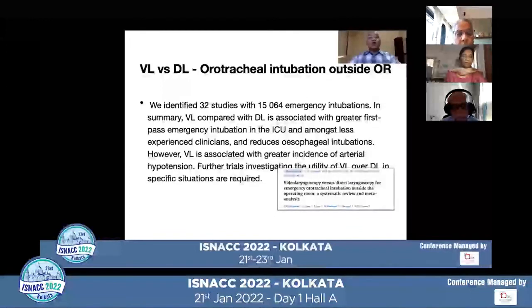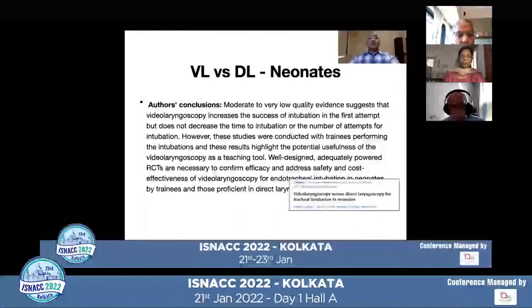Similarly, for orotracheal intubation, a comparison of video laryngoscopy versus direct laryngoscopy outside the operation theater identified 15,000 plus emergency intubations. VL compared with direct laryngoscopy was associated with greater first pass emergency intubation success in the ICU and among less experienced clinicians, and reduced esophageal intubation, but it was associated with higher hemodynamic instability.